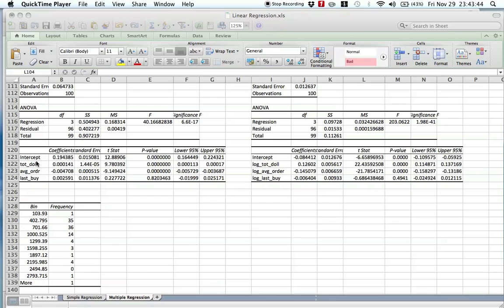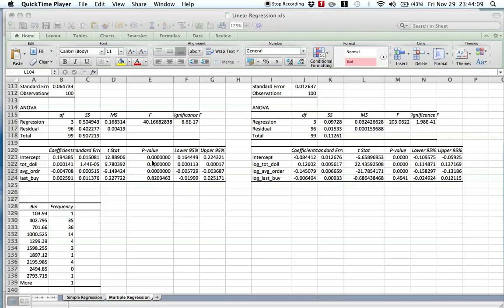To test which independent variable is significant or not, we have a p-value. When the p-value is less than 0.05 or 5%, it is insignificant, like our school, like Ryerson, and we should reject them. In this case, we had the last buy, which was insignificant. I'm sorry, I got that mixed up.